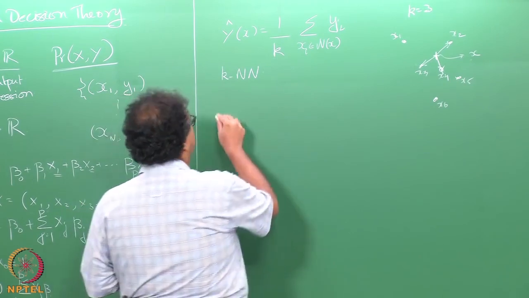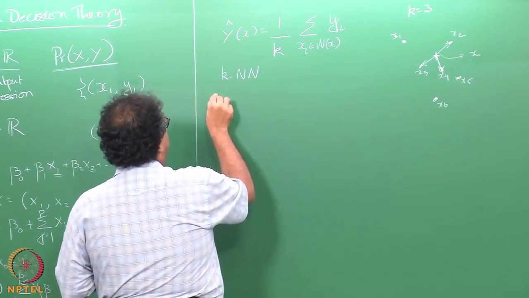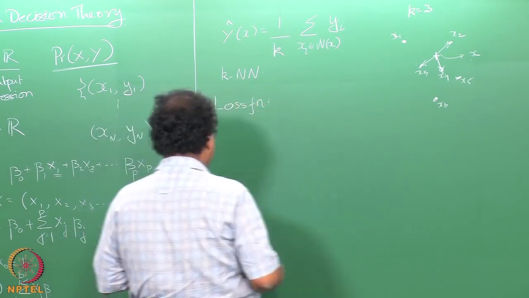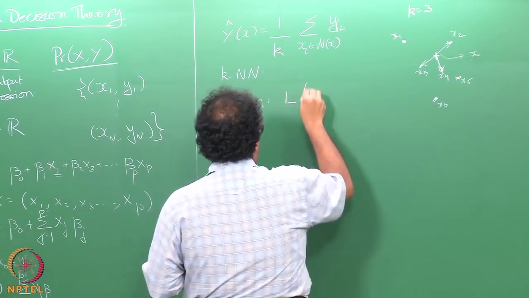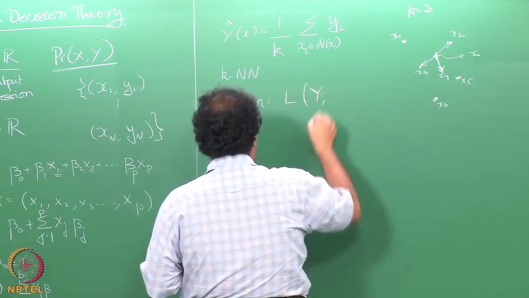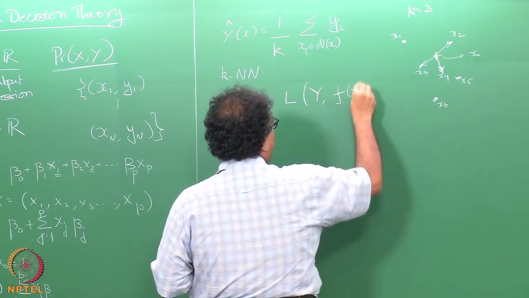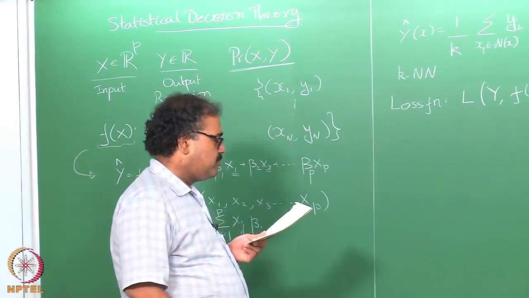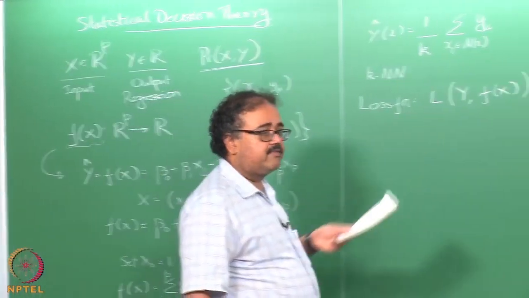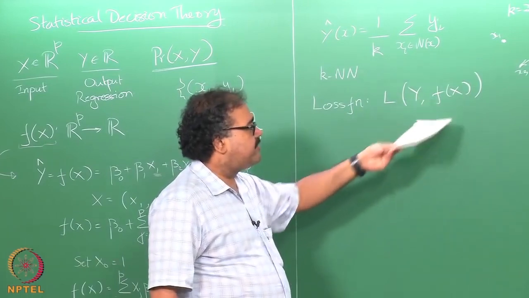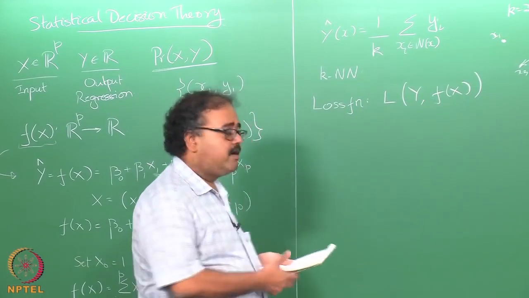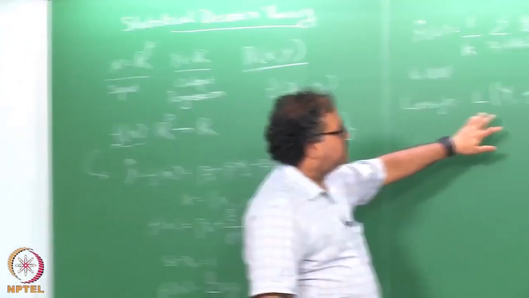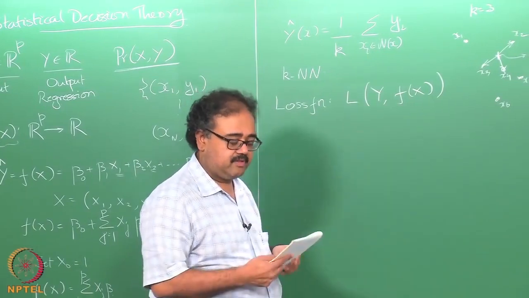So, we have to look at some performance measure, which we will consider in this case to be a loss function, which will compare the true output y with the predicted output f of x. I will have some loss function that compares f of x with y, and my goal is to find an f of x such that this loss function is minimized.